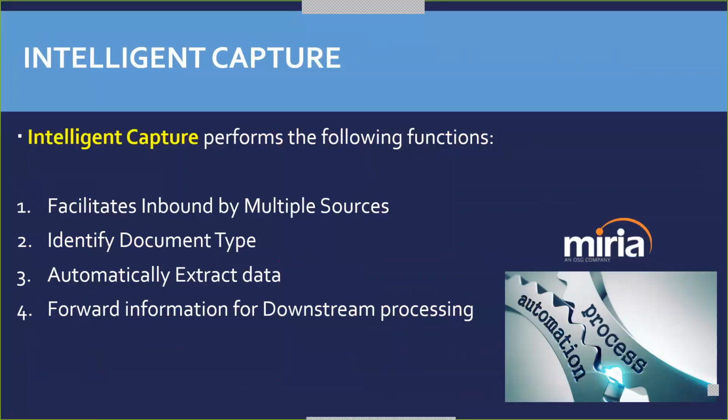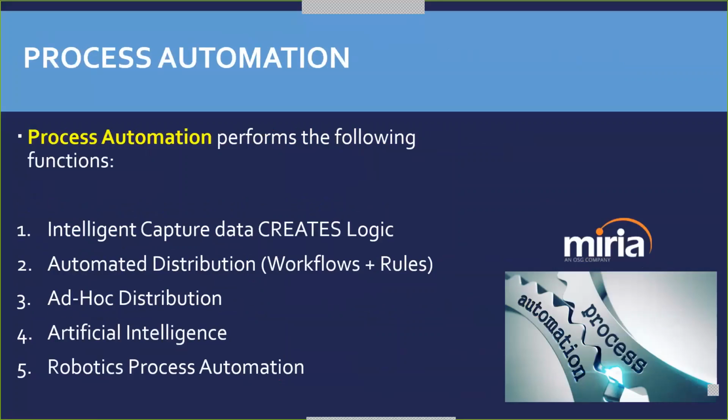So once I have captured this information, the goal is, how do I move it? The intelligent capture information gives me the data that allows me to now start applying logic, rules, and workflow conditions that allow me to move work depending on the type of document and who in the right authority has the ability to receive it.